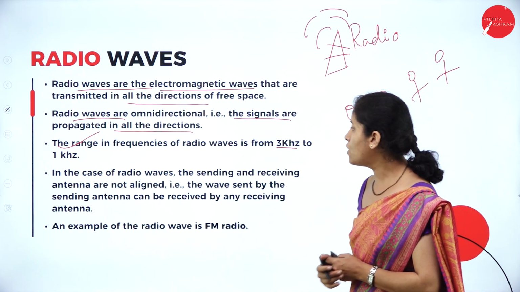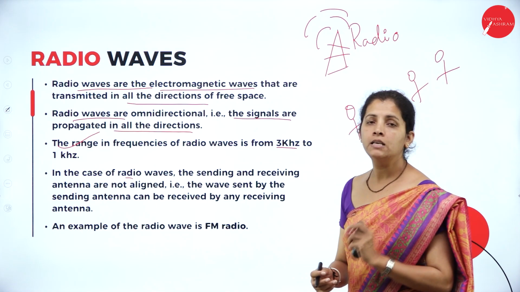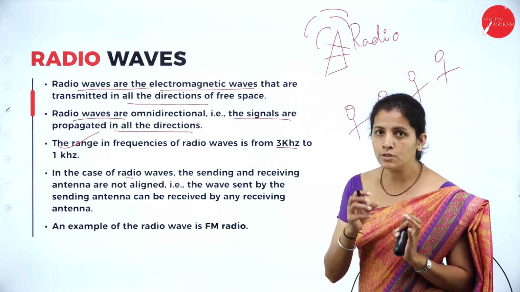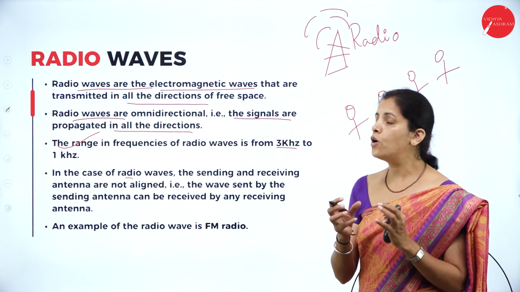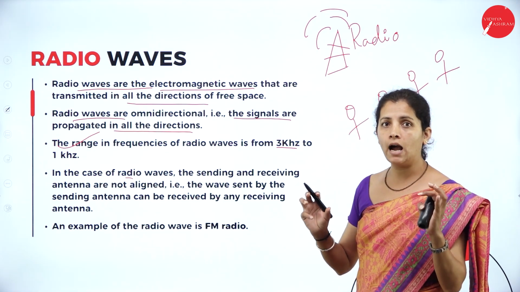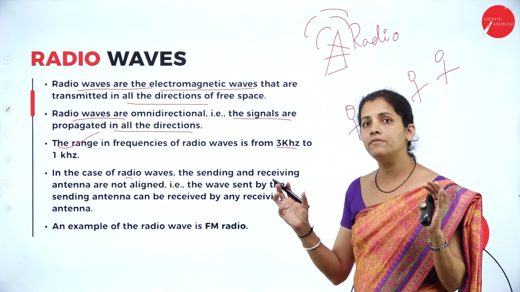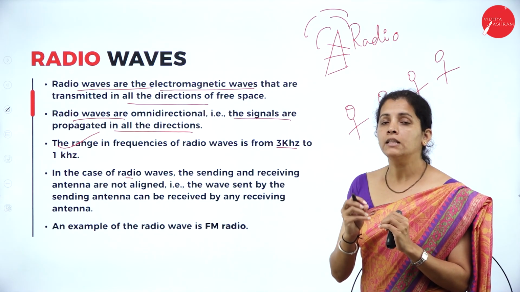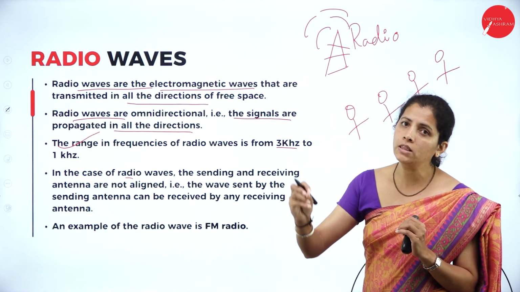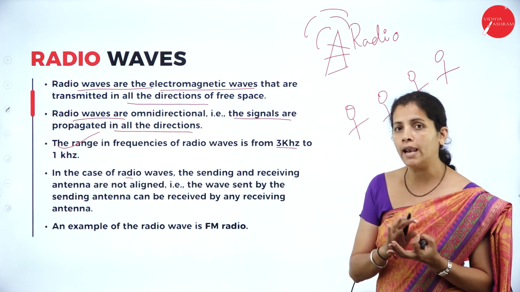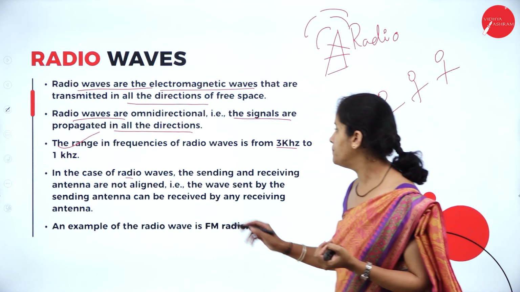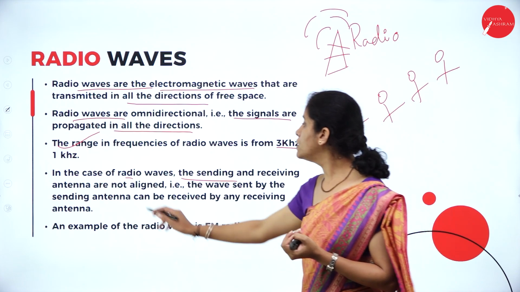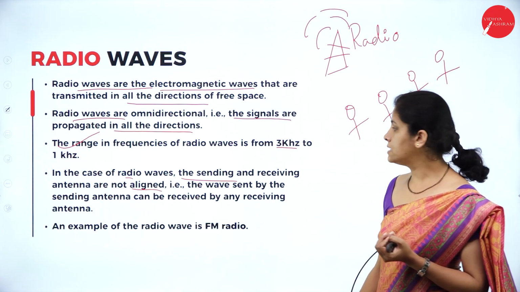In the case of radio waves, the sending and receiving antennas do not need to align. In the sense what? I don't want to align sender and receiver. Why? Because whatever signals I have are propagated in all directions, so there is no need to align the antennas.